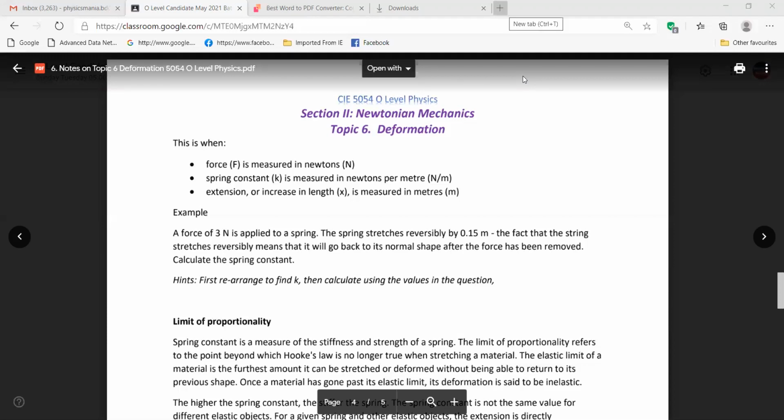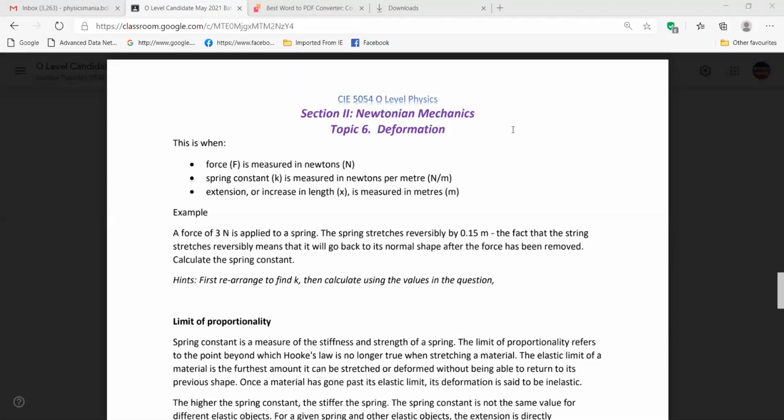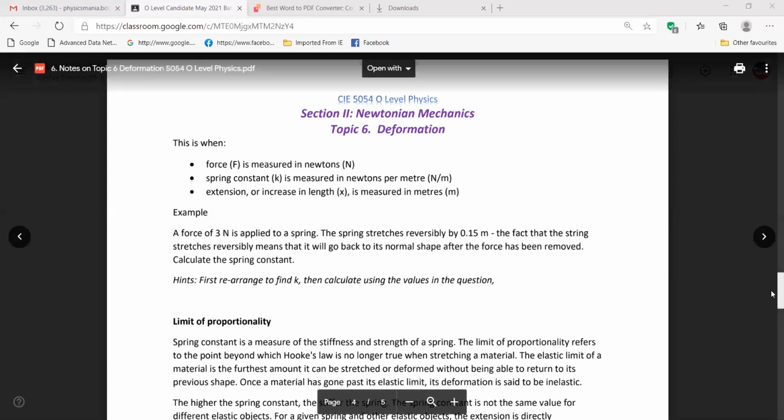The answer is 20 Newton per meter. Yes. And the unit is Newton per meter. Okay, so the answer is 20. The answer is coming correctly.